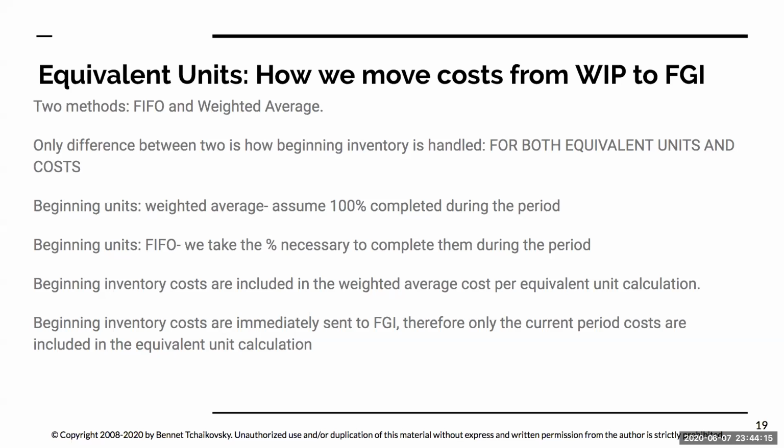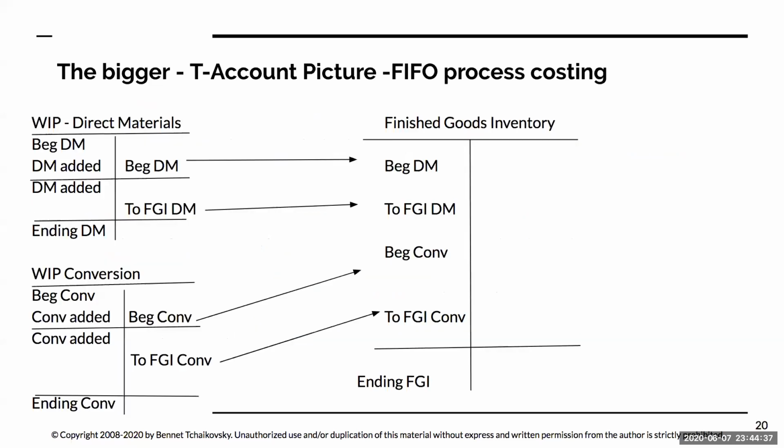The key thing for equivalent units under FIFO is we're taking the necessary percentage to complete them during the period. The beginning inventory costs, which were included in weighted average, in FIFO we're going to take those and fully send them immediately to our finished goods inventory.